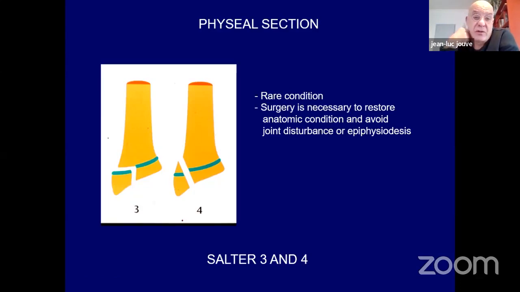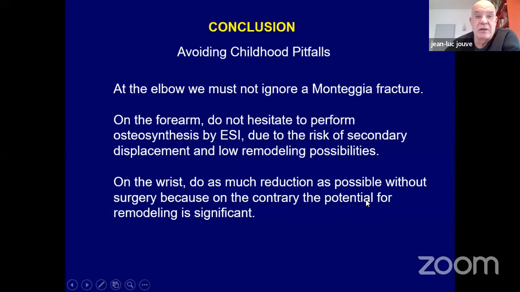It is a rare condition, and with such a fracture, even if it is not a spectacular fracture, surgery will be necessary with a pin or a little screw to restore the anatomic condition and avoid joint disturbance of the epiphysis. So you must very carefully differentiate these two conditions, separation of the growth plate and section of the growth plate. So the examination of the X-ray must be very careful in such cases.